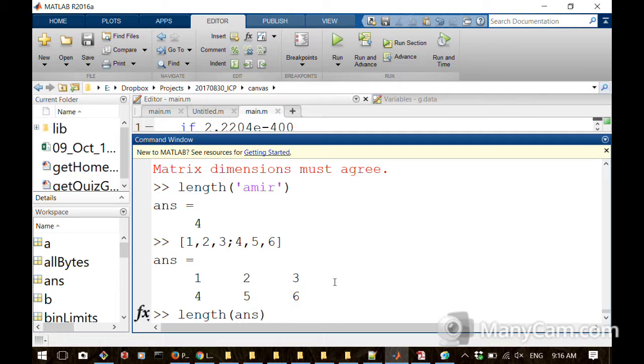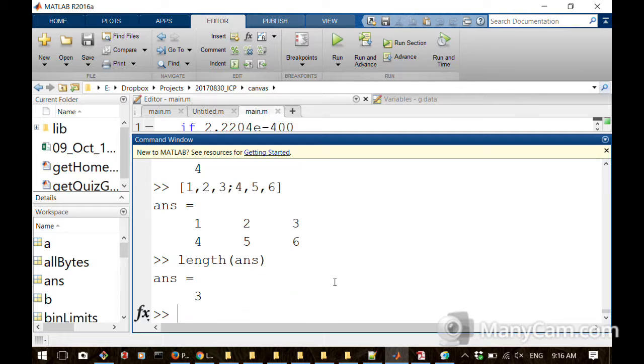Don't work with answer, I told you. It's dangerous, but I do it all the time. So it's going to give you 3. Okay? So it has 2 dimensions, 3 columns, 2 rows. But when you say length of answer, it gives you 3 because it measures the length in the biggest direction, the longest direction, right?